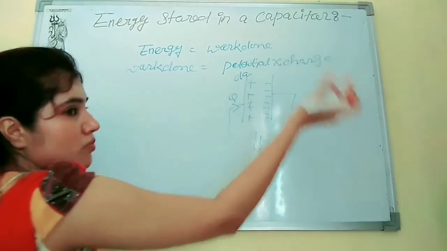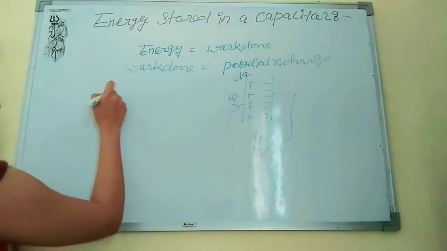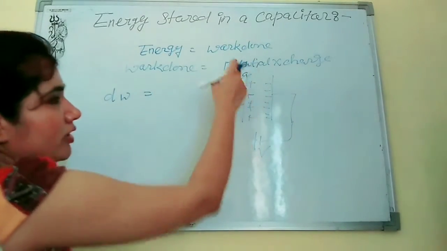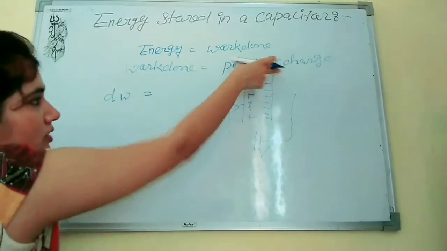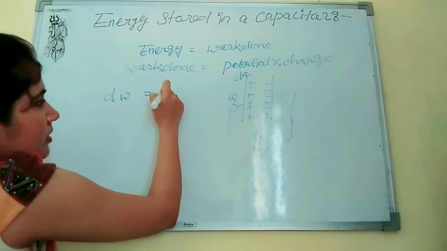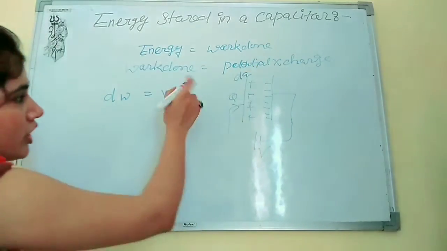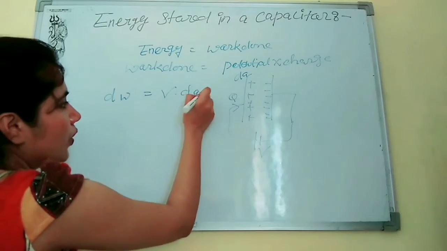So we do a small work done. We can express that as dW equal to, potential will be the same, that is V, and we are bringing a small amount of charge, so we put here dq.